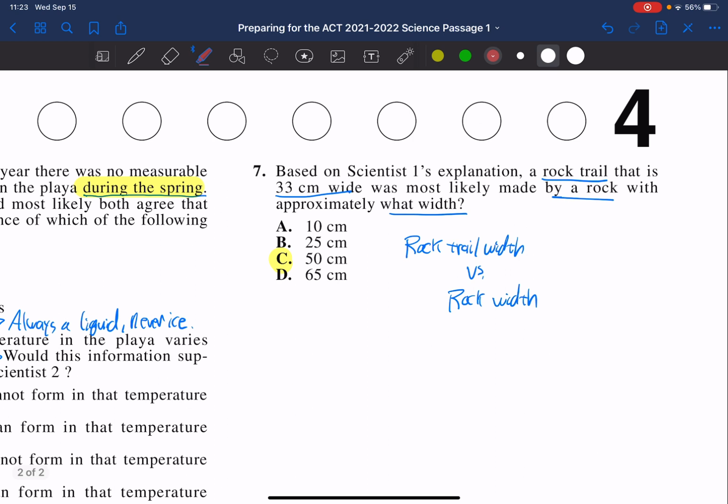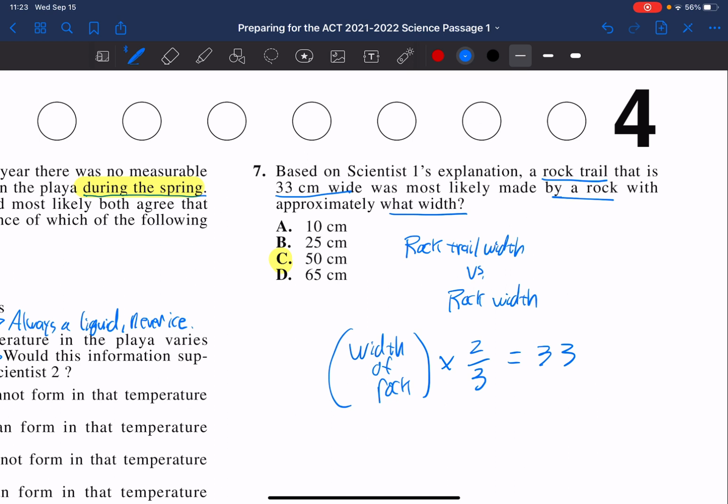So what we have to do is we have to say, all right, whatever the width of the rock is, width of rock, if we multiply that times 2/3, we should get 33. That's what we ought to get. All right.